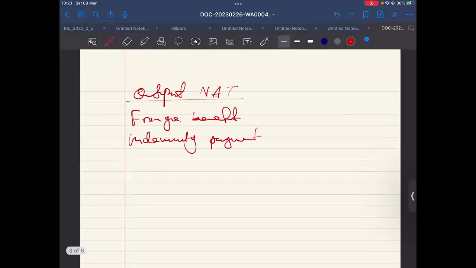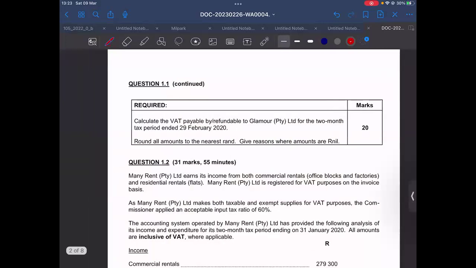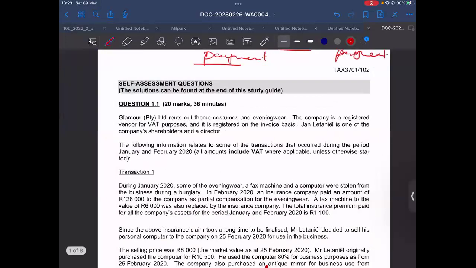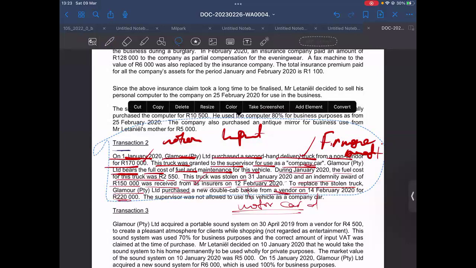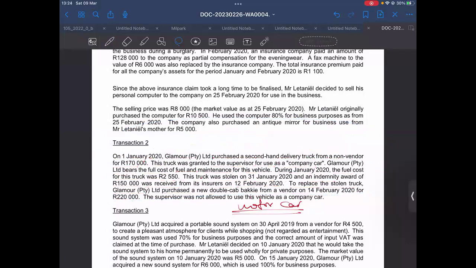What else? Items that give rise to VAT output. We identified a car given to a director. Right, there are only two. Now let's start with the car given to a director. What do we call this? It's a fringe benefit, so it's a deemed supply.